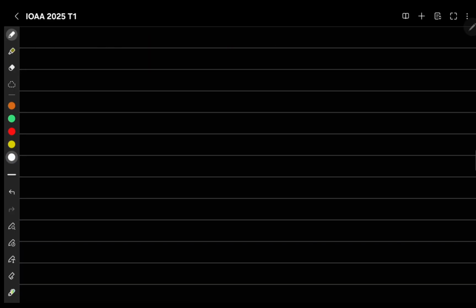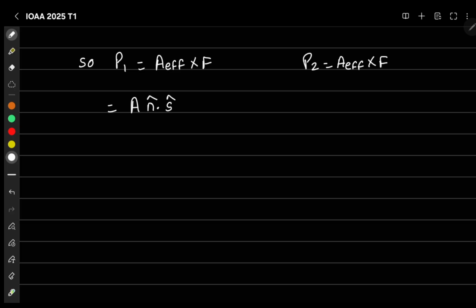So power P1 can be written as effective area times flux, and power P2 can be written as effective area times flux. Correct? Now the effective area would be the area, the unit normal vector, and then the direction of the source.